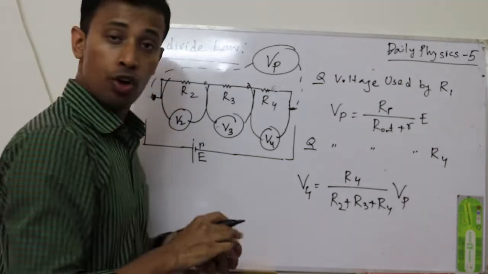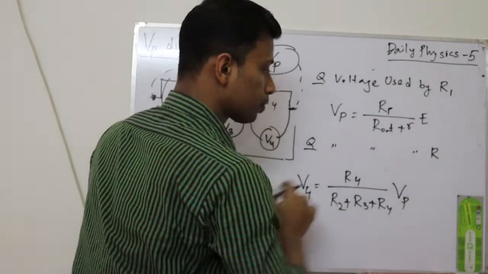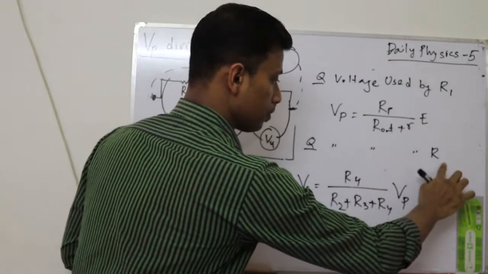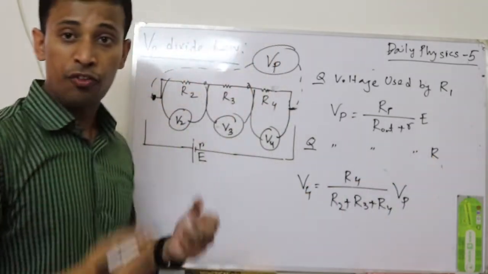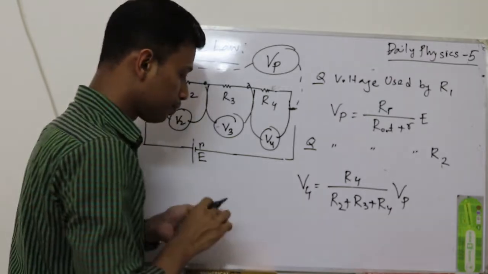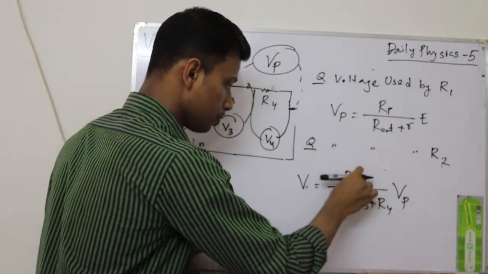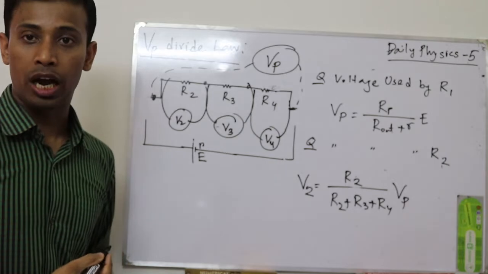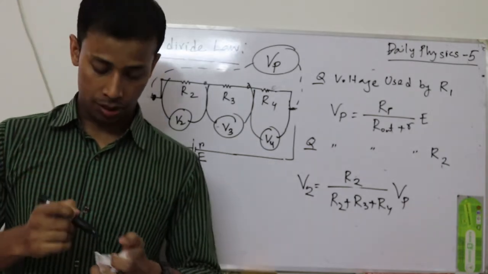If you want the voltage used by R2, then it should be V2 and R2. I hope you get it.